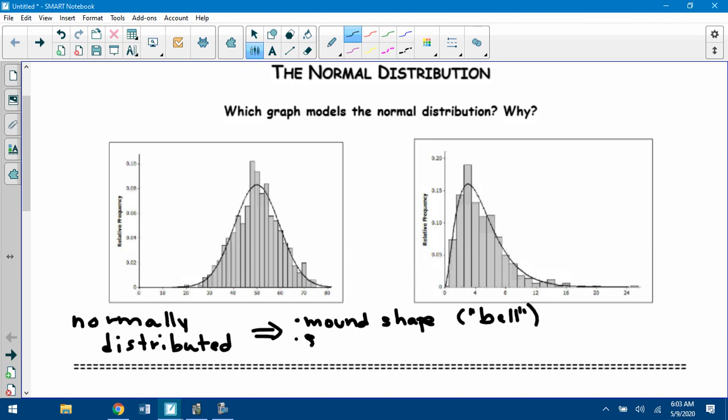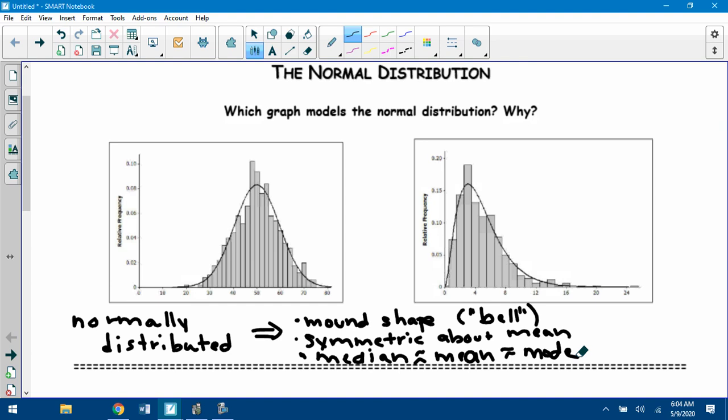They say it's symmetric about the mean, so the mean would be right in the center of the curve, or at least in the center of where all the data is. And the 3 big things that represent data: the median, the middlemost value, should be about equal to the average value. That should also be equal to the mode, so that should occur most often. So if all of those things are true, then you've got a graph that's normally distributed.